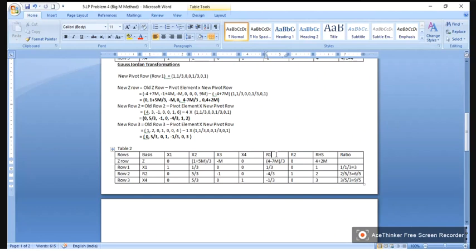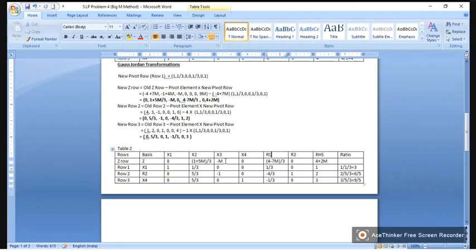You can see what is the condition in the case of a minimization problem. Non-basic variable which has the coefficient of maximum positive value. So x2 has the maximum positive value when compared to the other ones.